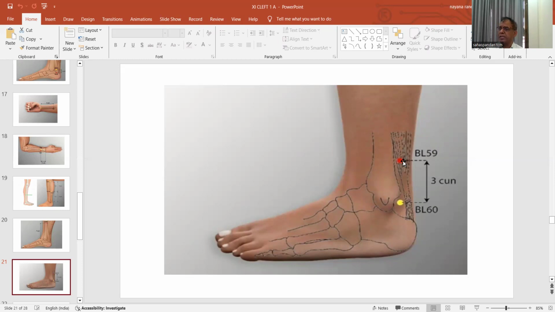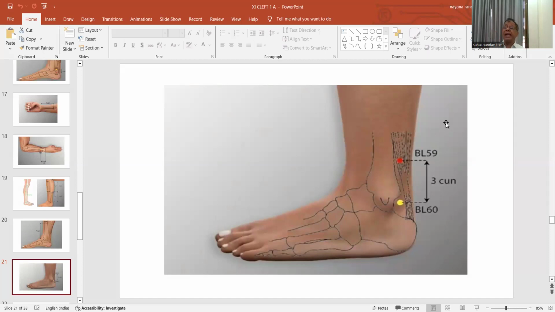So it is combined with UB62. This is UB60. Don't consider this one, I showed you this point for the landmark. So UB59 and UB62 for acute sciatica pain on the lateral side.